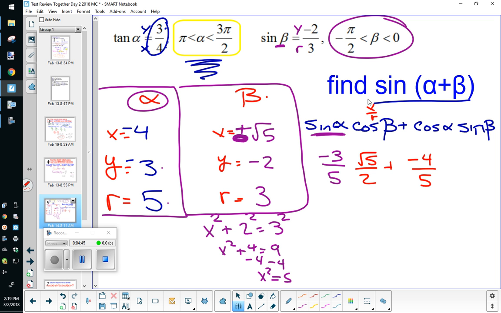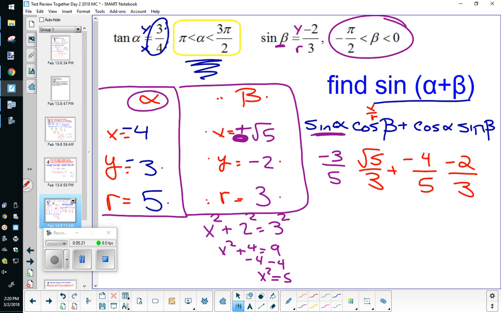Sine of beta, I'm looking at beta, it's sine, y over r, -2 over 3. I wrote some of that wrong the first time, so let's go again. Now we're good. My fault.